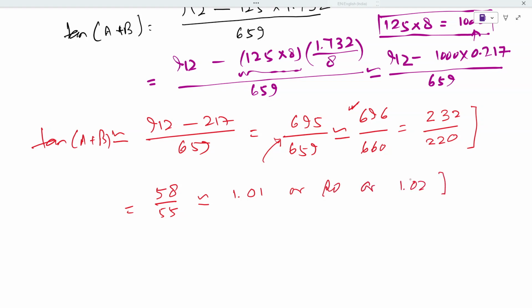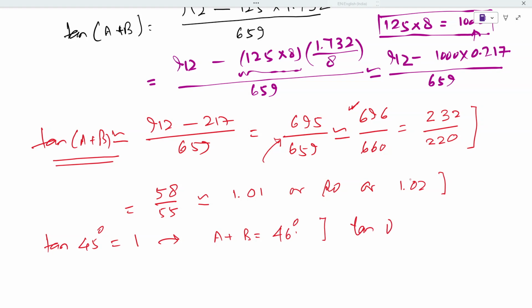Correct? Simple. Of course, in the first quadrant, we know that tan 45 degree is 1. So A + B is, say, some 46 degree. Why?